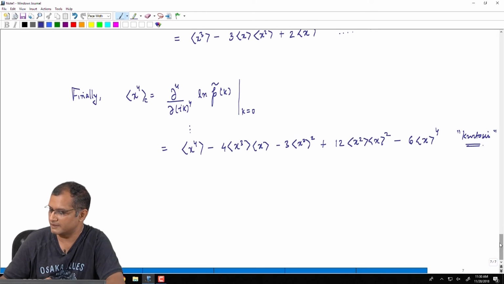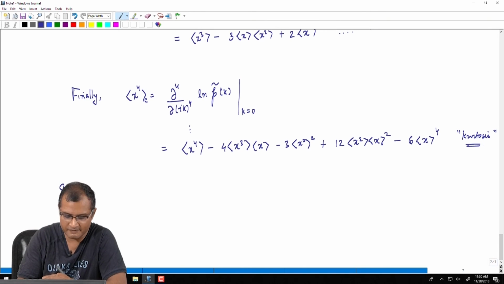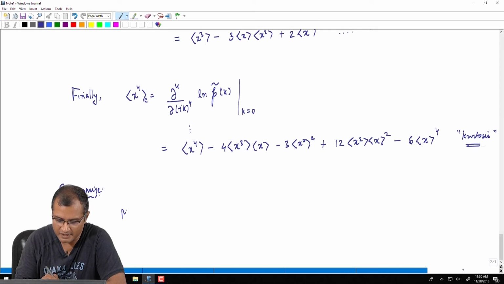So, if we summarize everything, what we have seen so far is basically a moment generating function.